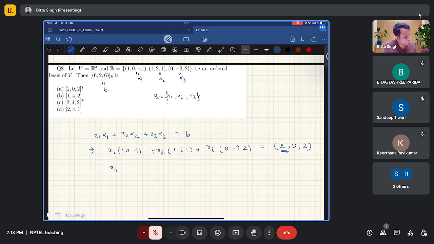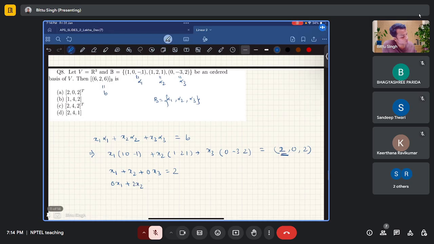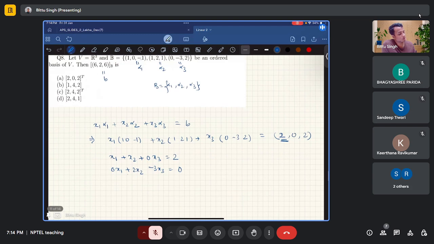You are getting x1 plus x2 plus 0x3 equal to 2. Similarly, the other relation is 0x1 plus 2x2 minus 3x3 equal to 0.